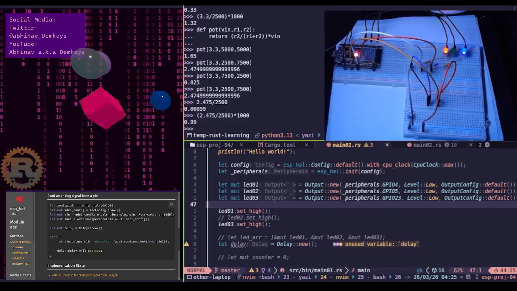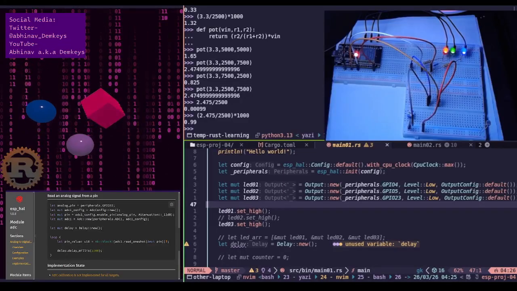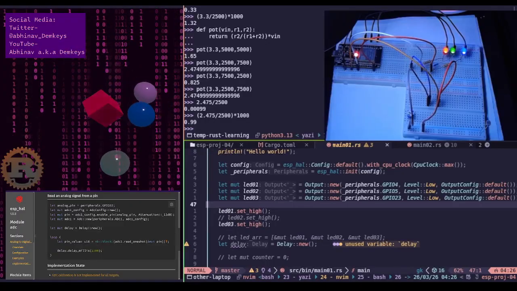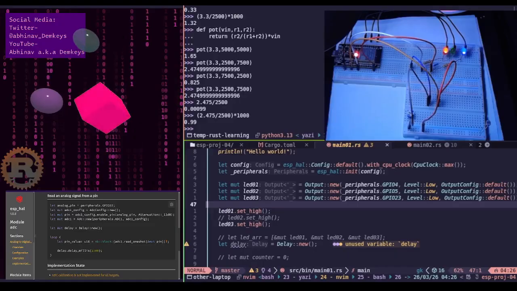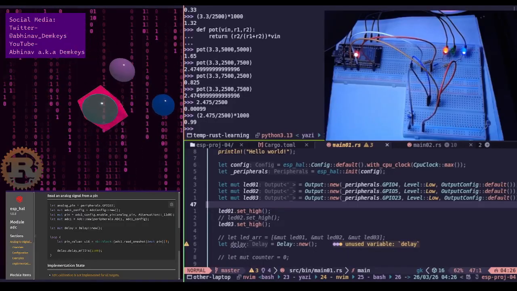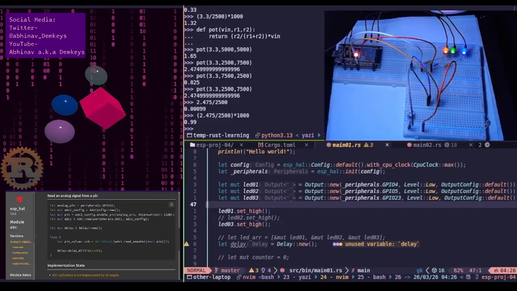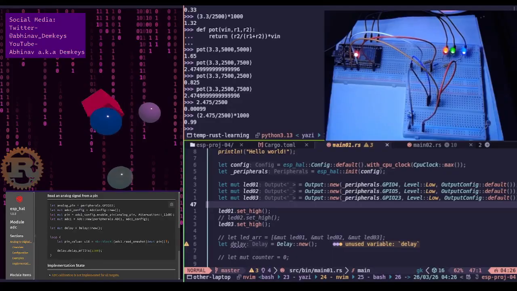Now, if you are using a 3.3 volt supply, wait, so what is attenuation for exactly? The ESP32 ADC uses an internal reference voltage, usually around 1.1 volt. To read higher voltages, you have to configure attenuation.